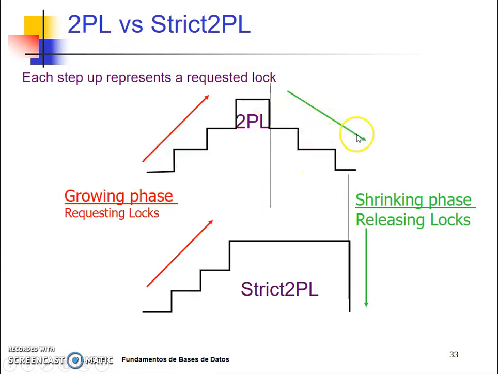That's the green part. Because two-phase locking does not guarantee isolation, to avoid a process entering in the middle of the transaction, I have to move all the releases to the end of the transaction, or to the commit time. That's strict two-phase locking, when I release all the locks at the end of the transaction.